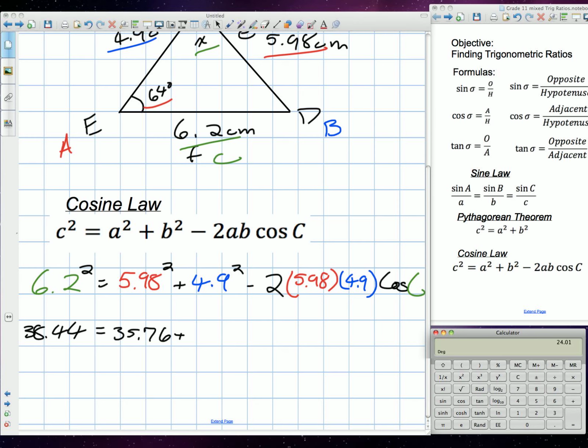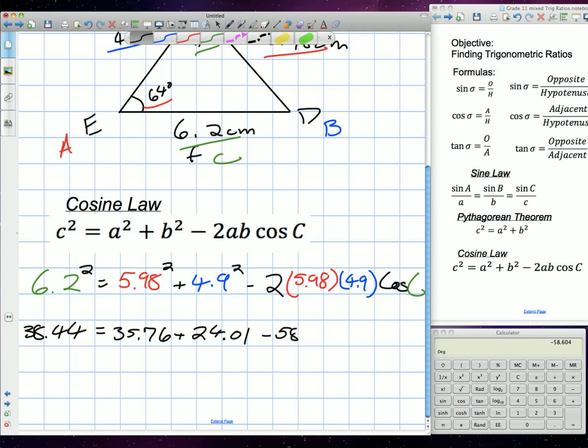Okay, negative 2 times 5.98 times 4.9. So it looks like we're subtracting. Negative 58.604. And we're still looking for cos C.